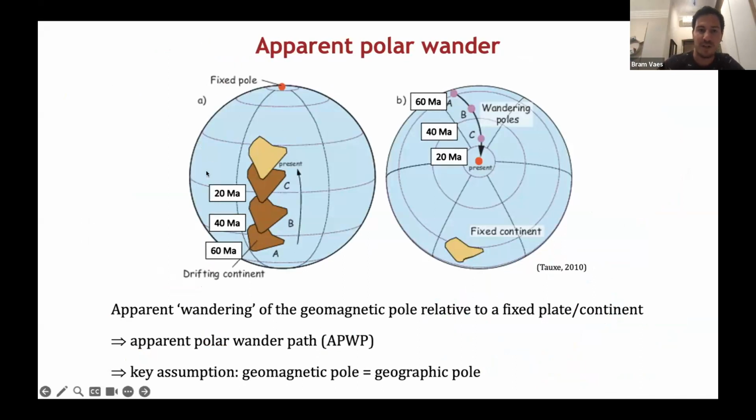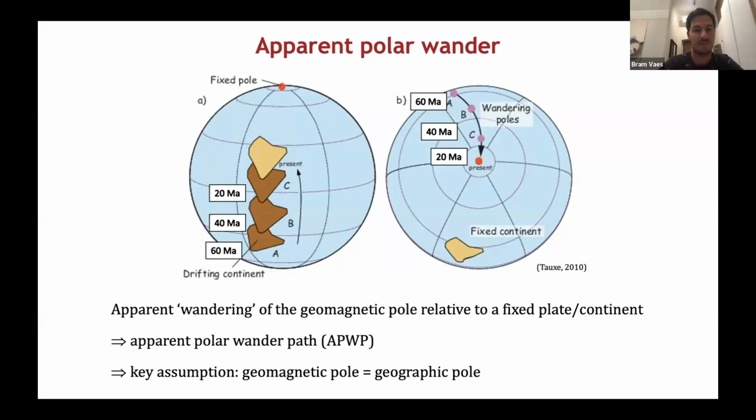So if you see here on the left, imagine an imaginary continent moving north from 60 million years ago to 40 million years ago to 20 million years ago to the present day, relative to a fixed pole coinciding with the Earth's spin axis.